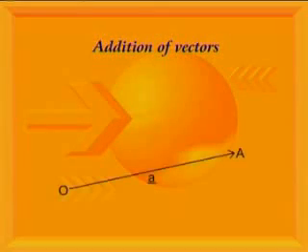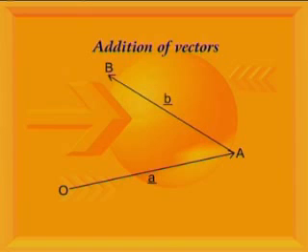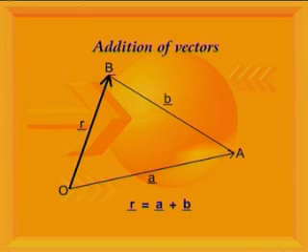Here we have a vector from O to the point A, and the vector from A to the point B, and a vector from O to the point B. Here we are adding the vectors A and B and getting the resultant vector, that is R. This is the law of triangle, that if you have these vectors A and B along adjacent sides of a triangle in this direction, then the vector along the third side in the opposite direction will be the resultant vector.